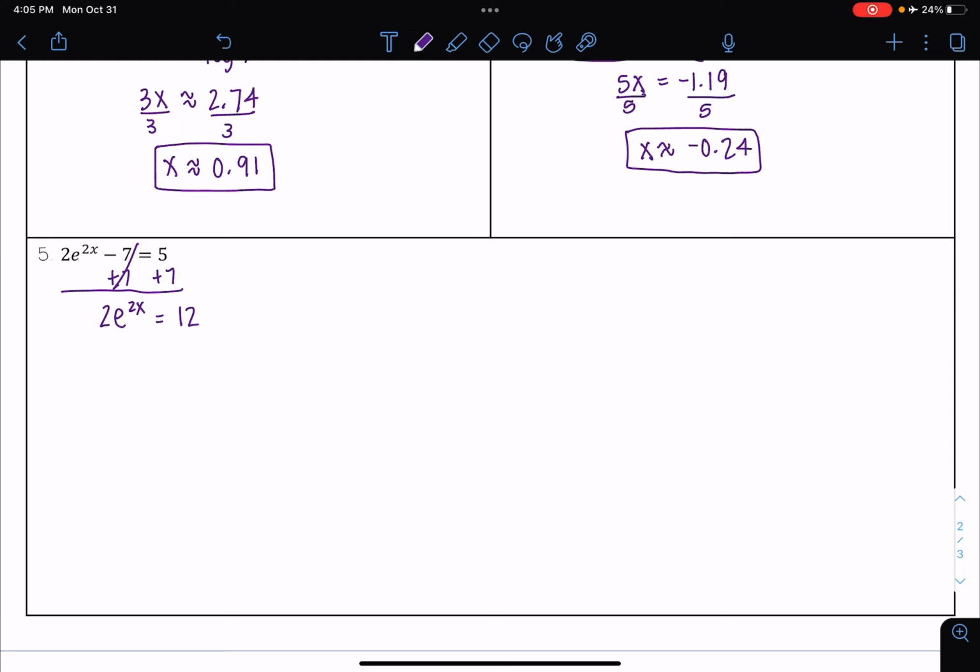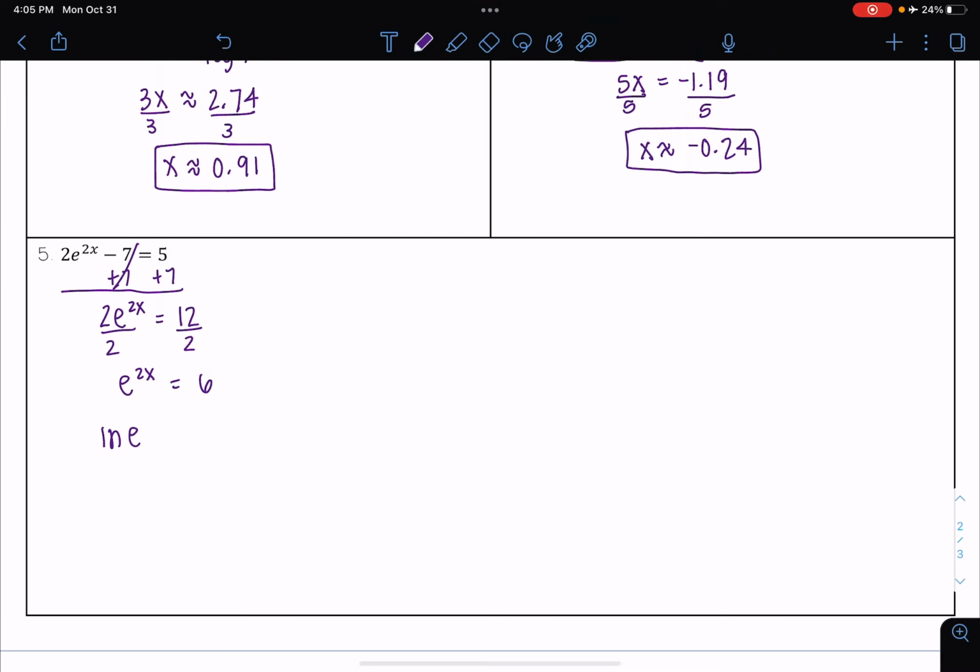And then I get rid of that 2, so I'm going to divide both sides by 2. And I get e to the 2x is equal to 6. Okay, now I need to figure out how I get rid of that e. You could do log base e on both sides, because that's going to be the inverse. But remember, we don't use log base e. That special one that we used with e was natural logs. I'm actually going to be taking the natural log of both sides.